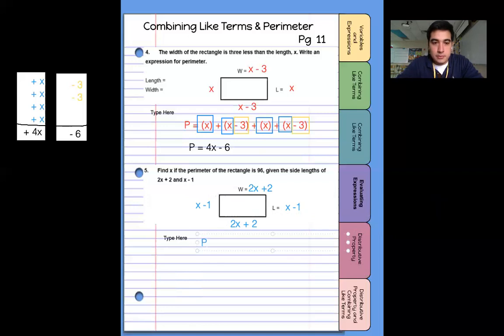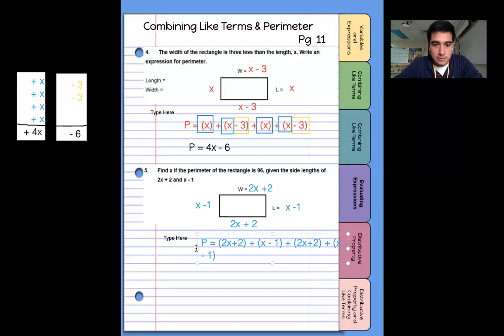So perimeter equals parentheses 2x plus 2 plus x minus 1 plus 2x plus 2 plus x minus 1.